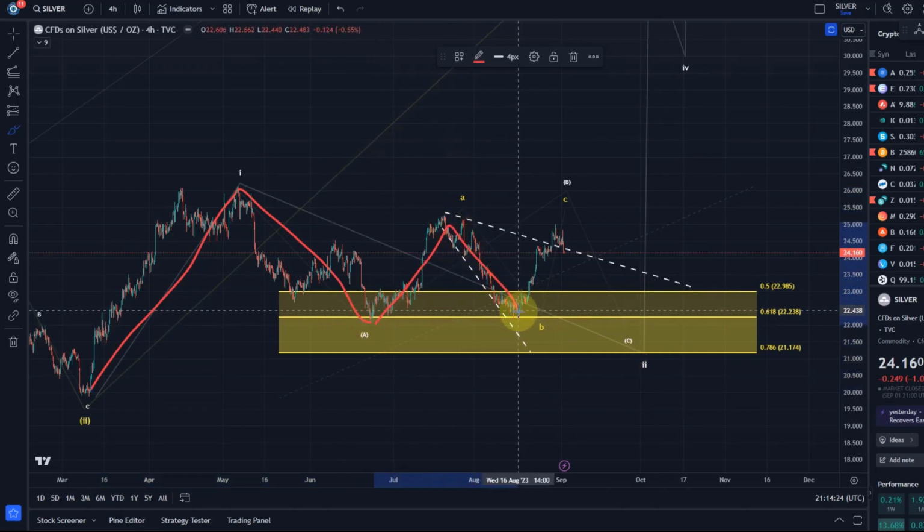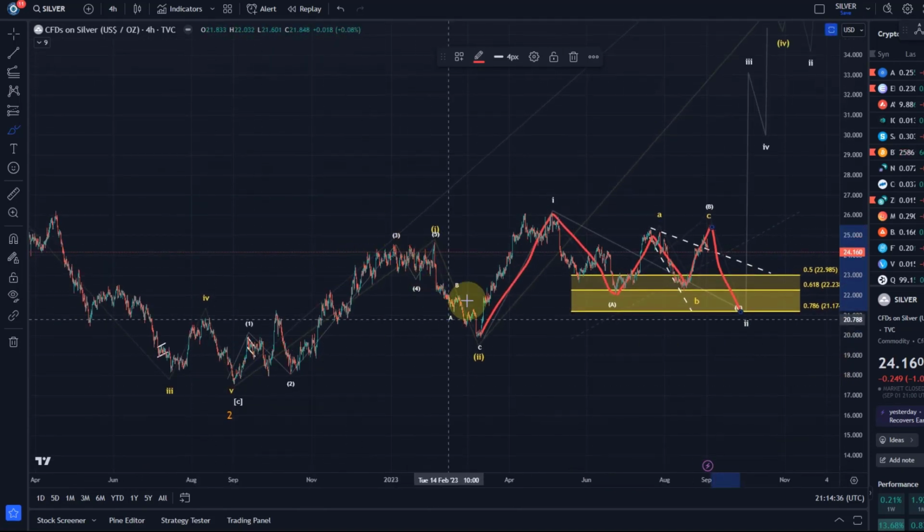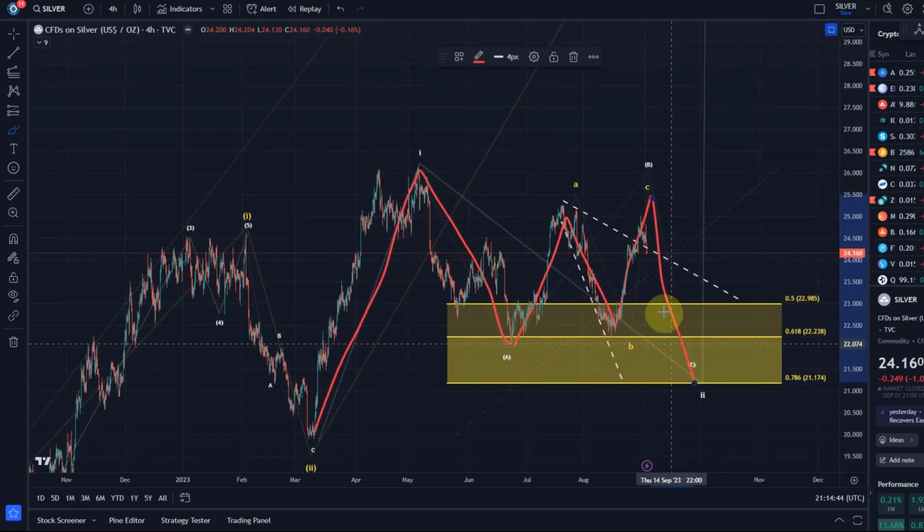A, B, C. And then we should get one more lower low in the C wave. If $21.17 isn't holding, I will have to change the overall wave count from a 1-2-1-2 setup to a larger 1-2 setup. But it doesn't make any difference right now because we are still focused on lower here.